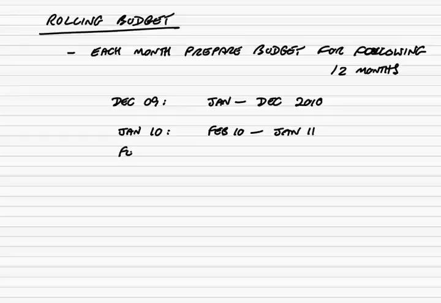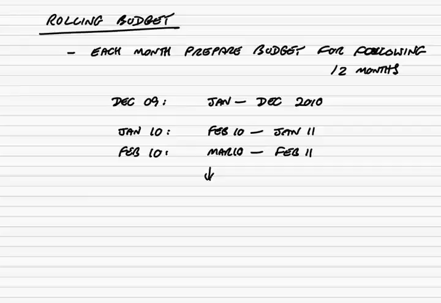And in February, budget again for the following 12 months, so for March 2010 up to the end of February 2011, and so on. So every month you're doing a budget for the next 12 months.